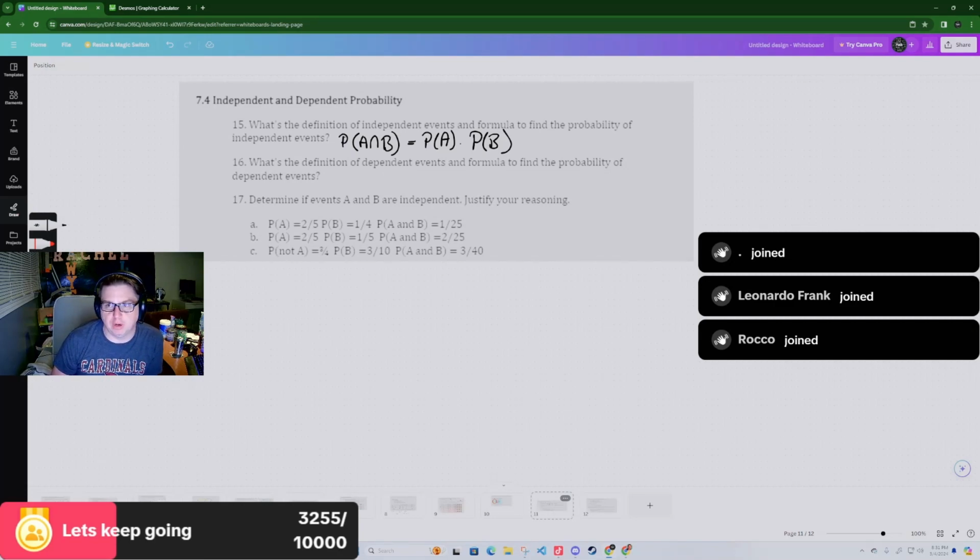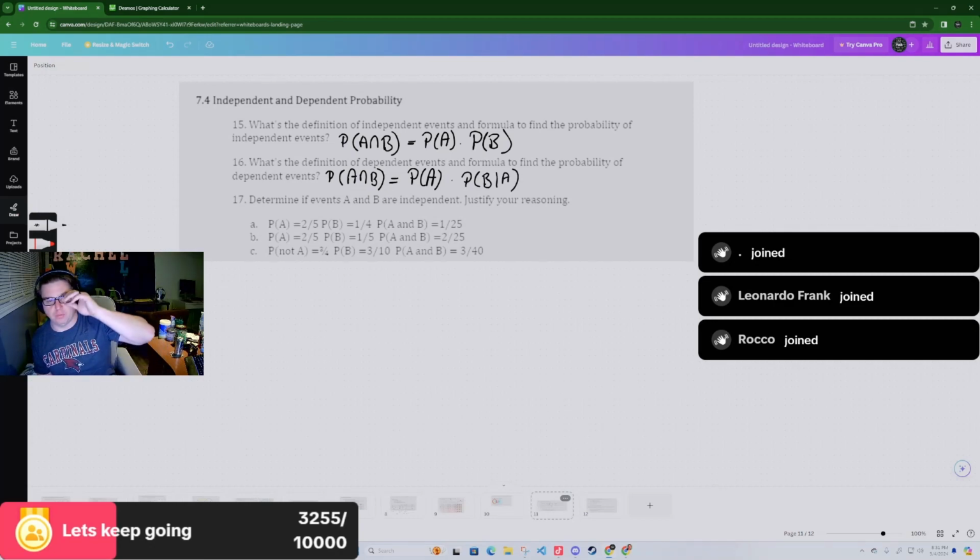They're two separate events, and the outcome of one does not affect the outcome of the other. Dependent, though, is the first one does affect the second one, because when we do the probability of A and B, we're going to have the probability of A times the probability of B given A actually happened.